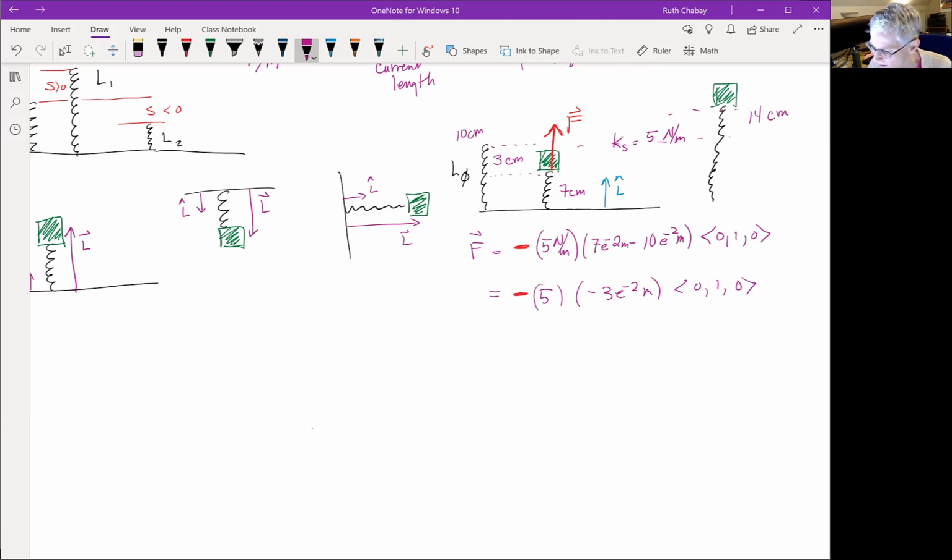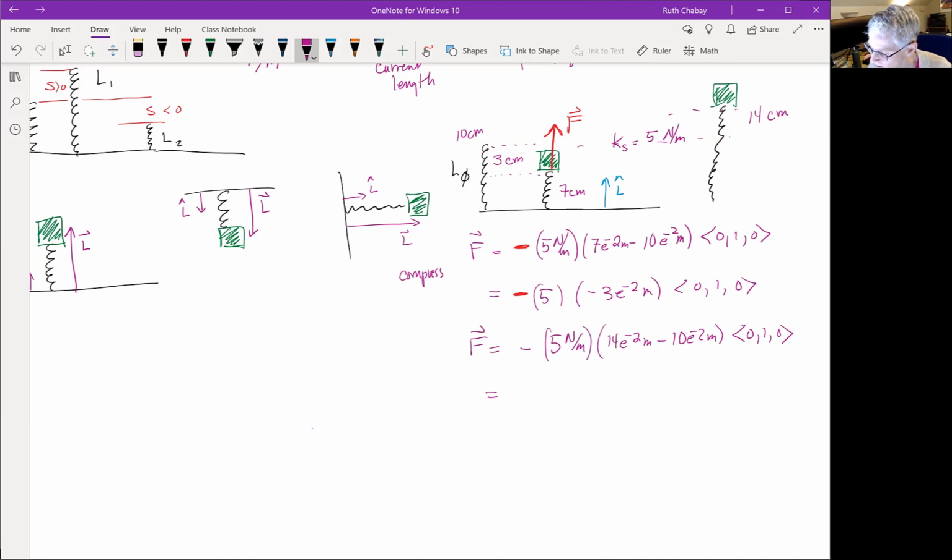So let's try that. The force is equal to minus 5 newtons per meter times 14 times 10 to the minus 2 meters minus 10 times 10 to the minus 2 meters times 0, 1, 0.